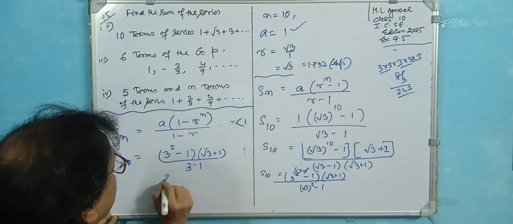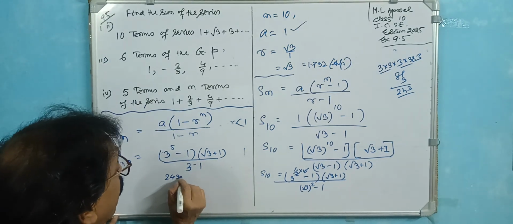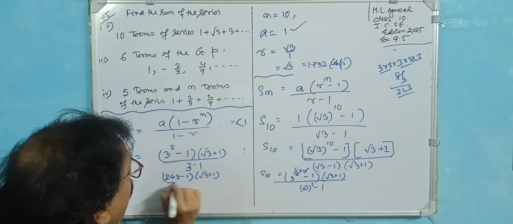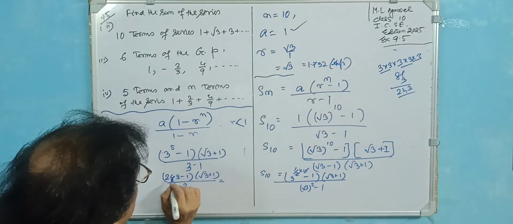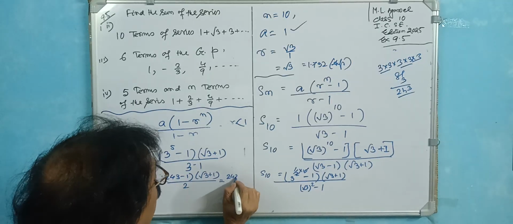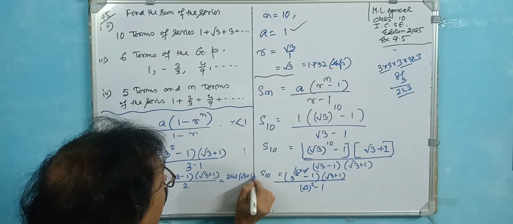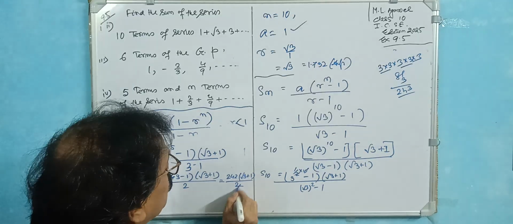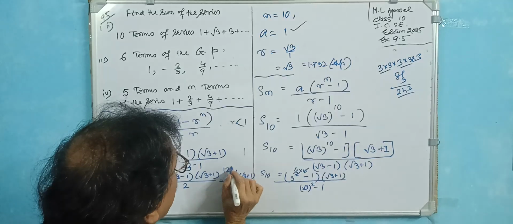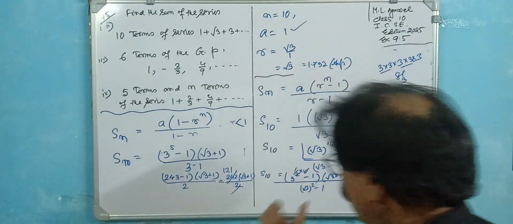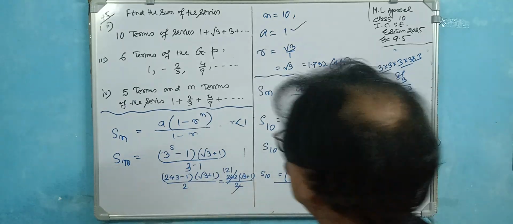So 243 minus 1 into root 3 plus 1, by this is 2. So 243 minus 1 is 242, bracket root 3 plus 1 by 2. So 121. So the answer is 121 root 3 plus 1.